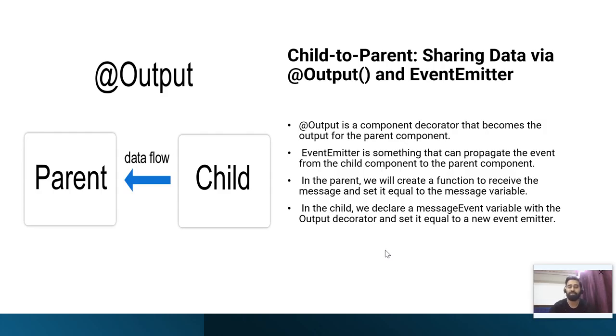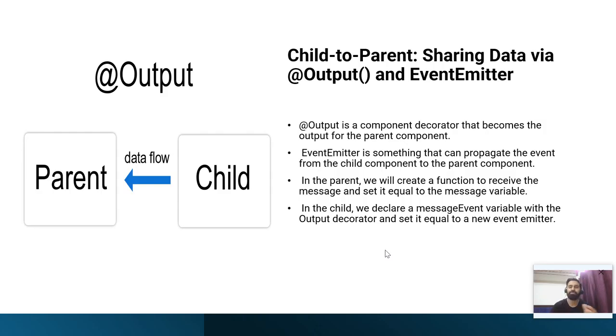So the event emitter will emit the event produced by the child, and then the parent has to receive that. Here we are going to send data from child to parent: from the child the data will get emitted and the parent is going to receive it.